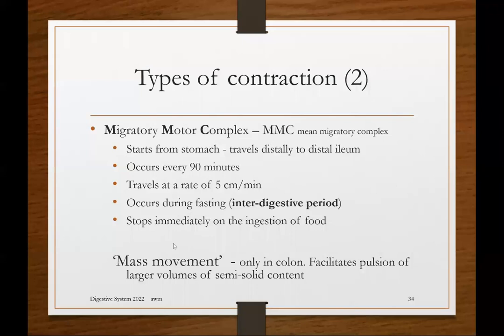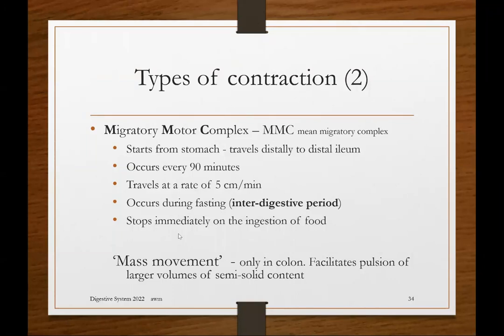Now, in the large intestine, in the colon, you have what is known as the mass movement, okay, at the bottom of the slide. Now, remember we said that the small intestine has got a very narrow lumen compared with the colon. Also in the colon, water is being absorbed more than is being secreted into the lumen.